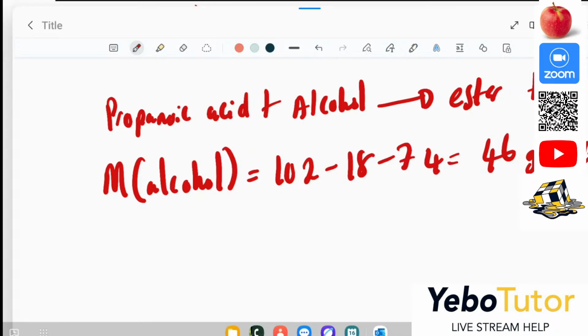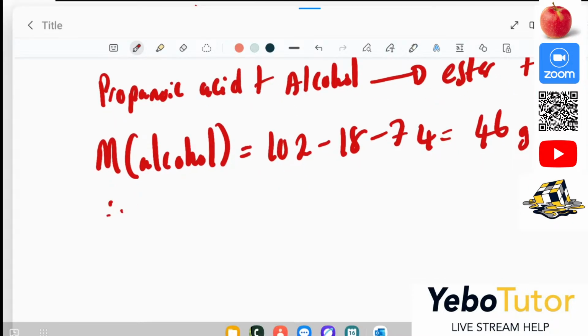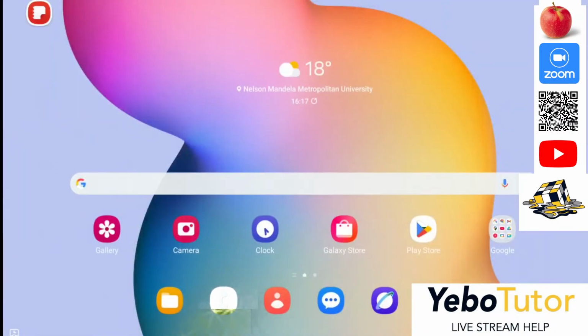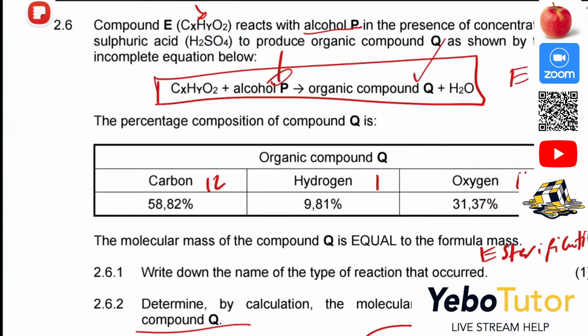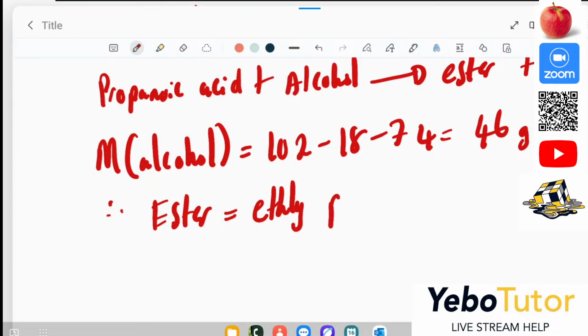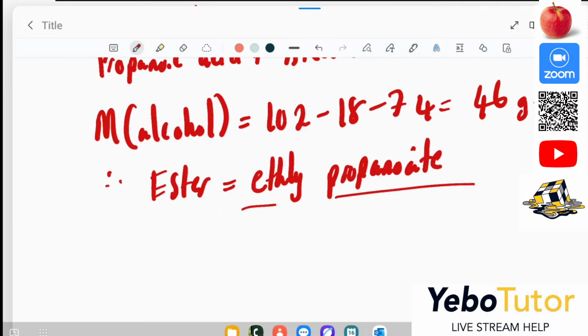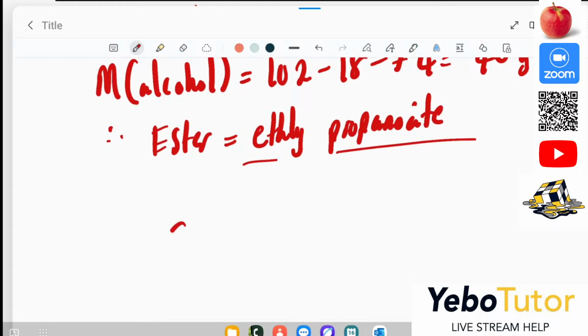So our final formula: our ester will be ethyl propanoate. Don't forget that. Now we can draw this easily, because that's ethyl and propanoate.